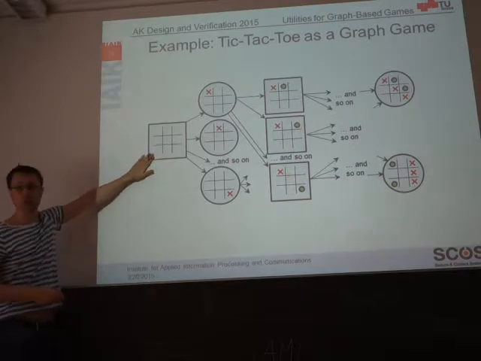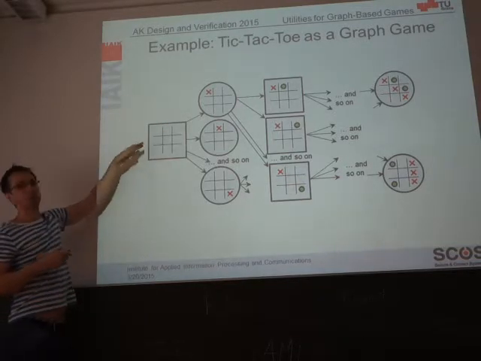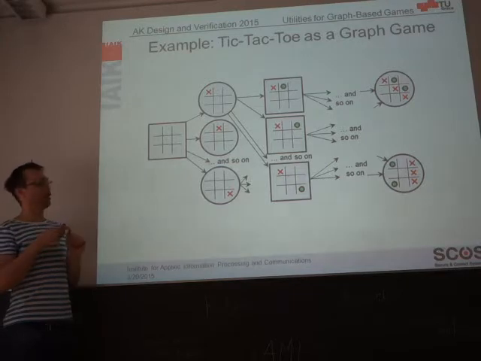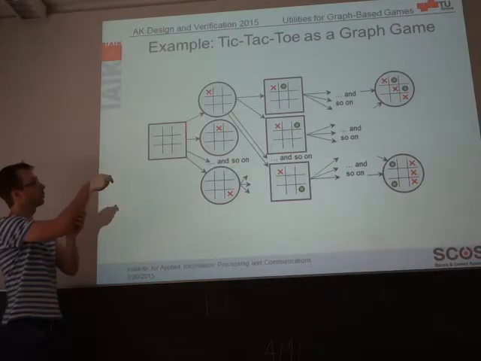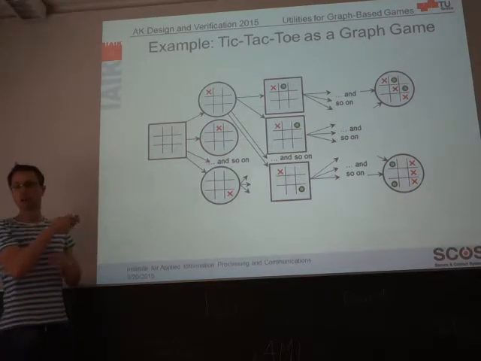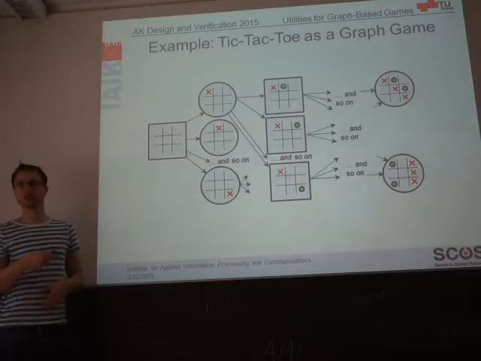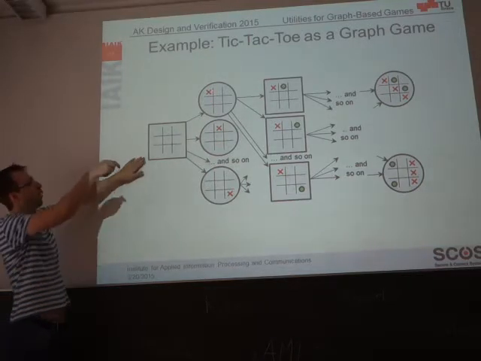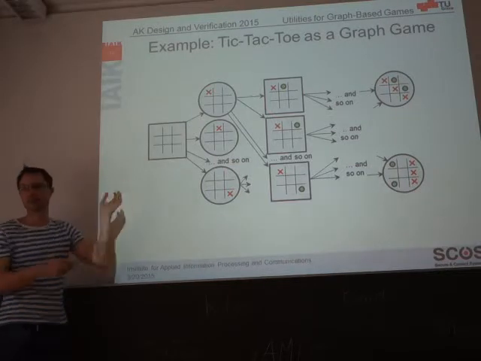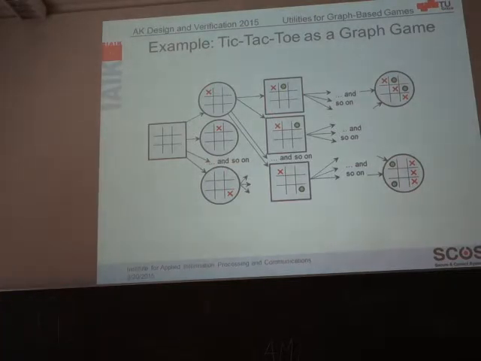So the initial state is a player 1 state where player 1 has 9 different possibilities to pick one of the successor states, and each of these successor states basically corresponds to one of the choices for placing the cross in a certain empty grid cell.